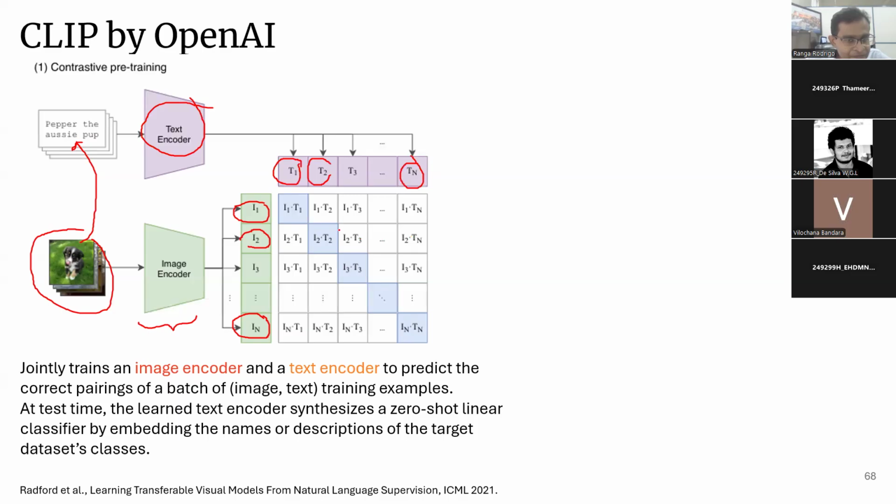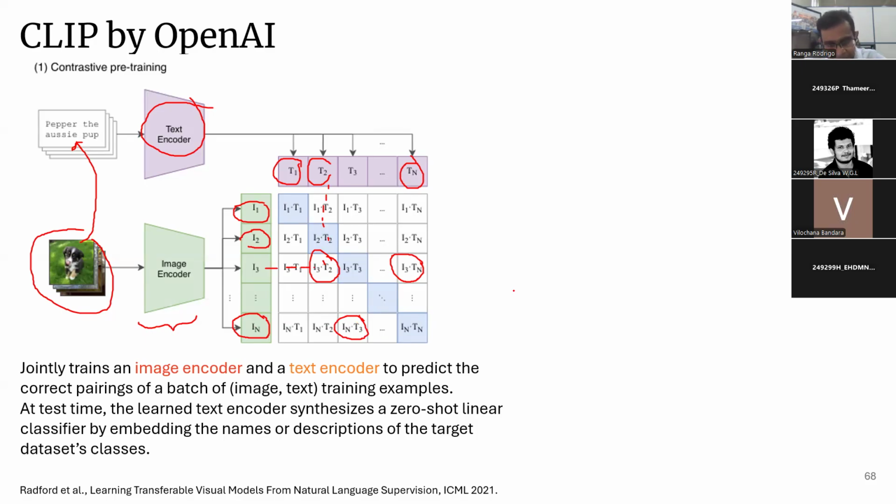Now, we will try to get the similarity between image 3 and the caption of image 2, image 3 and the caption of image n. Another example, image n and the caption of image 3. I hope you understand what these things mean. So we get the similarity.